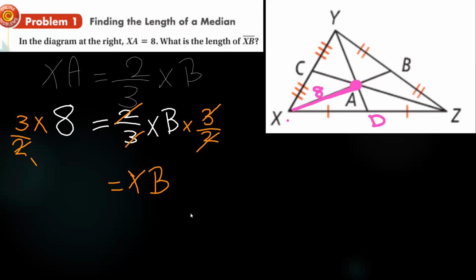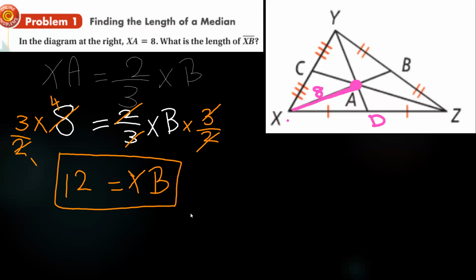I can simplify it, divide by 2, divide by 4. So it will be 12. So if the small one is 8, the length of the bigger one will be 12.